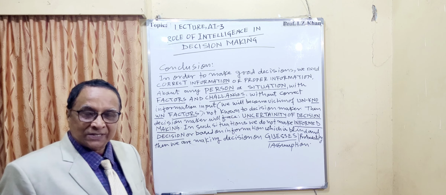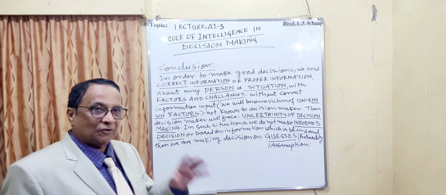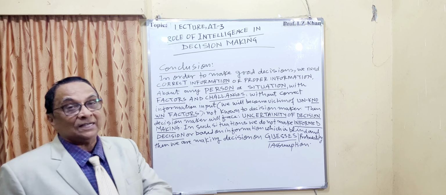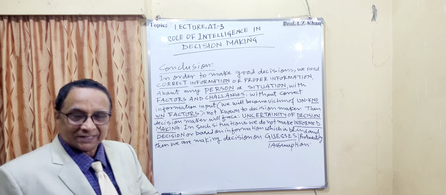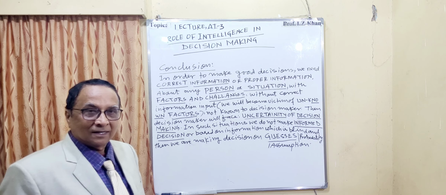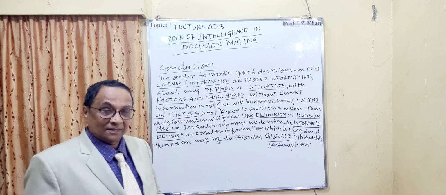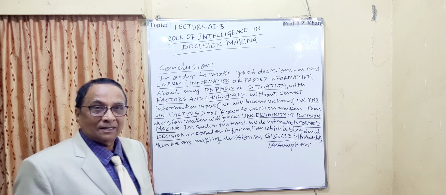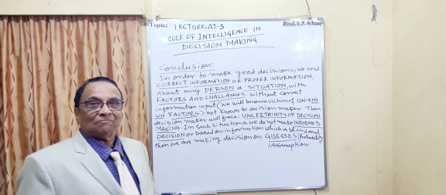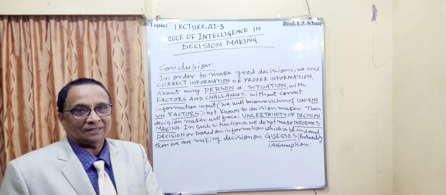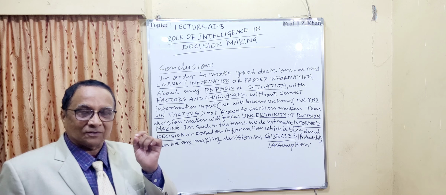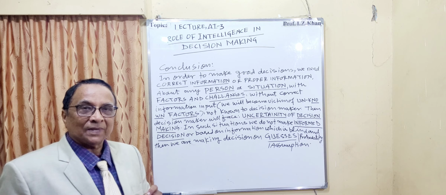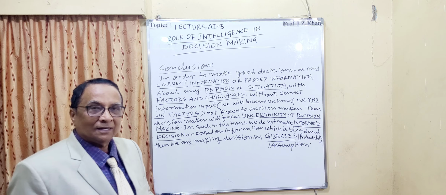One is an informed decision, meaning after correct information we have taken the decision. The other is without information, on the basis of guess, probability, or assumption. It's all theoretical, because that is what your action will be as a decision maker.